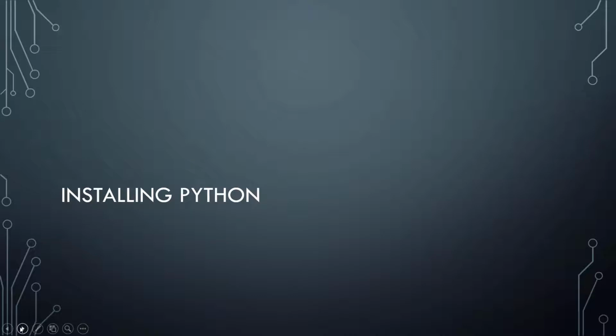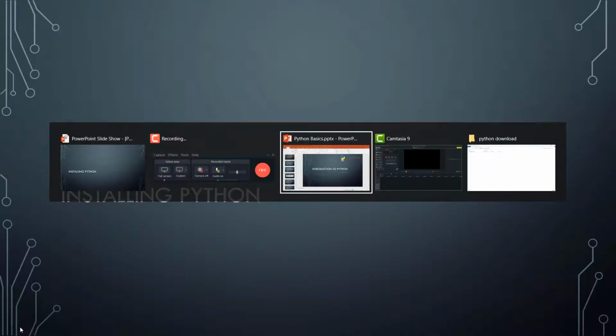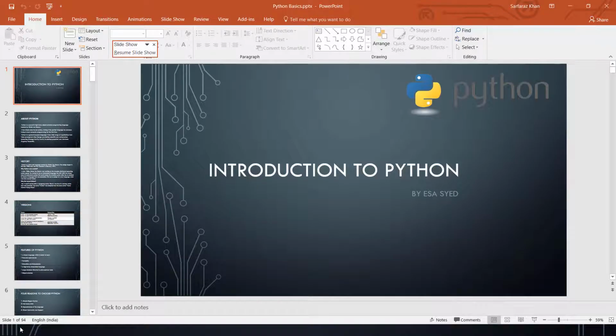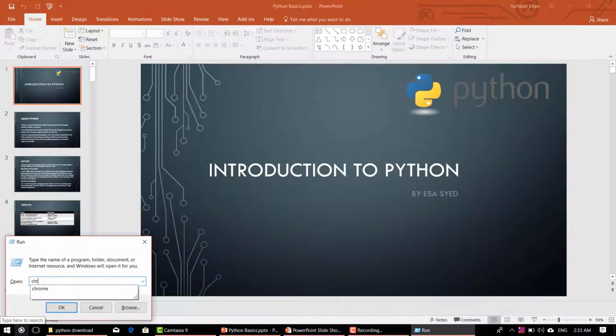Now, the first thing is installing Python. To install Python, you first have to download it, and for that, you need to go to python.org. Let me open Chrome.